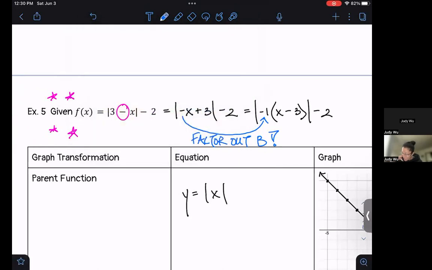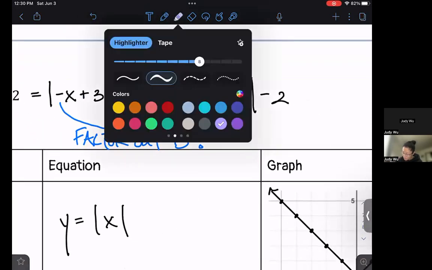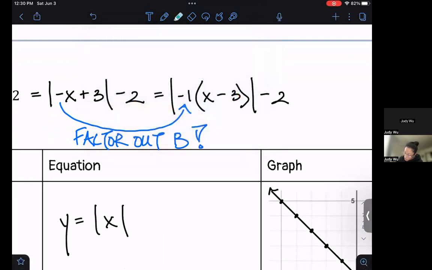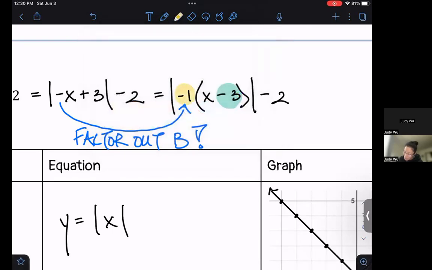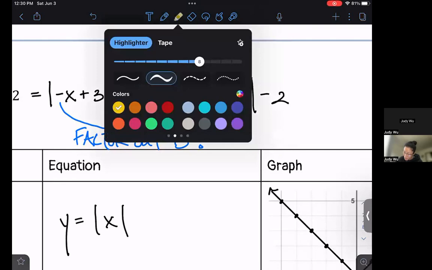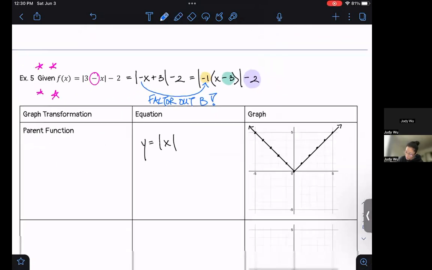But now that we have that, let's go ahead and color code and see which graph transformations we have, all right? So first off, we've got this minus 3. Second, I have a b value of negative 1. And last but not least, I have a d value of negative 2, okay?